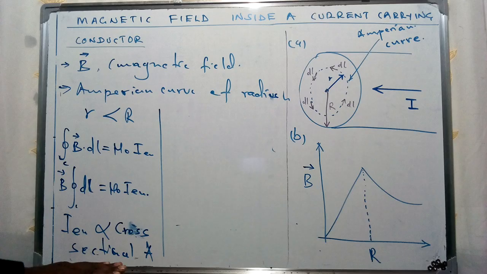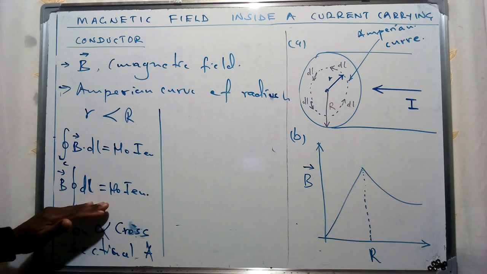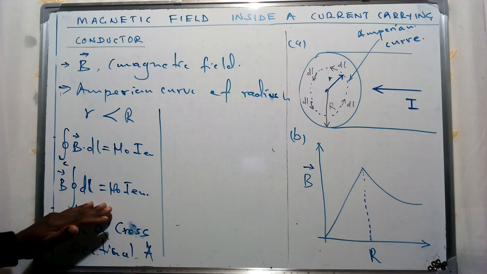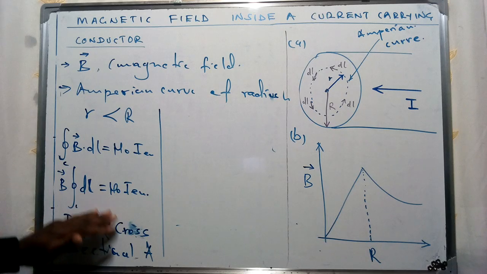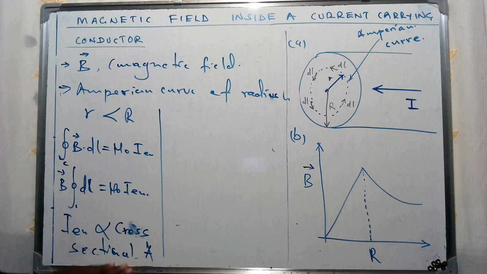So kindly take note of these specific initials which I'm giving for the sake of our space. So the current enclosed is directly proportional to the cross-sectional area in this specific case. And therefore we can have a relationship between the magnetic field which is going to be created in this particular case, and try to see what are some of the relationships we are going to achieve.